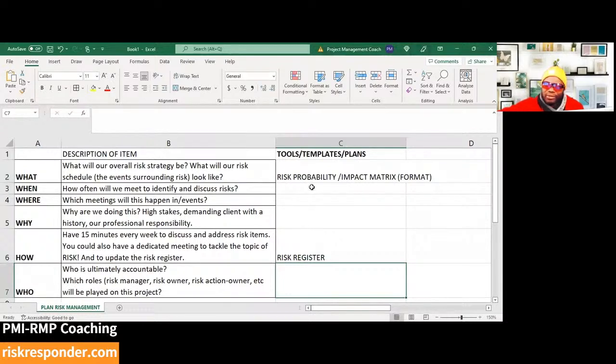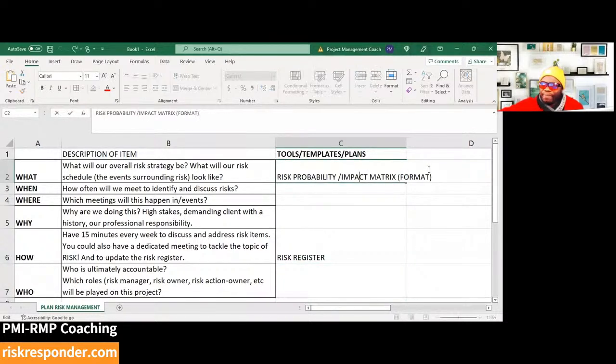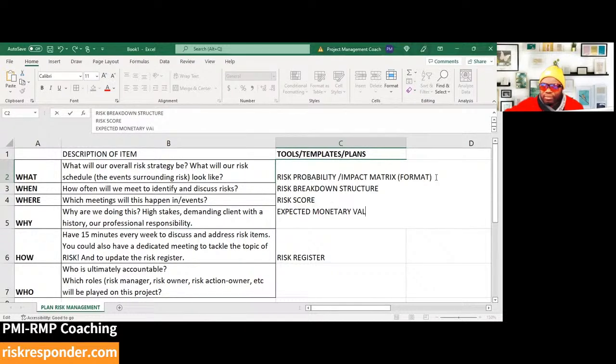Part of the how, you're going to have something called a risk breakdown structure. Part of the how, you're going to decide whether to use a risk score, expected monetary value, and the like.